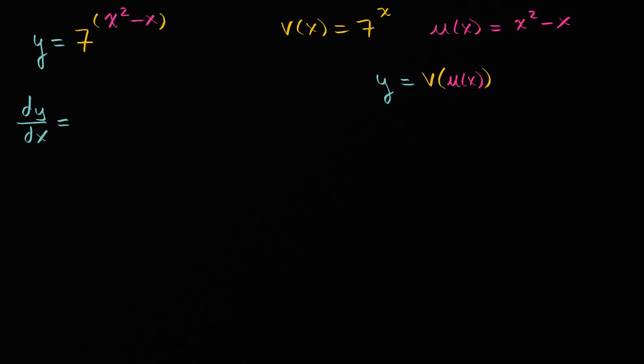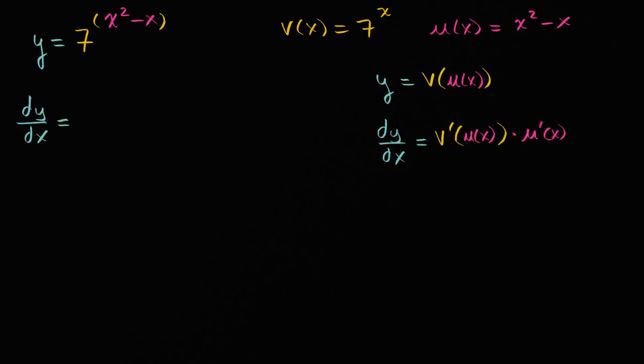And the chain rule tells us that the derivative of y with respect to x, and you'll see different notations here, sometimes you'll see it written as the derivative of v with respect to u, so v prime of u of x, times the derivative of u with respect to x. So that's one way you could view it.